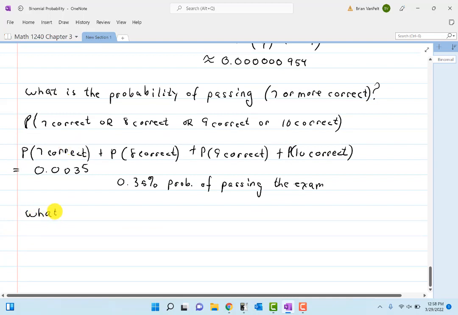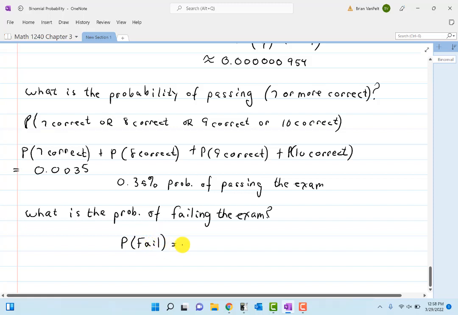What is the probability of failing the exam? Well, that would be 6 or fewer correct, or you could simply do this. The probability of failure equals 1 minus the probability of pass. So 1 minus 0.0035.